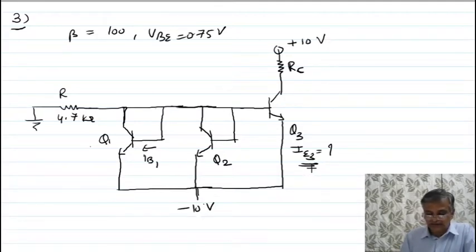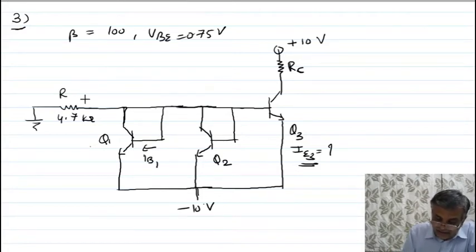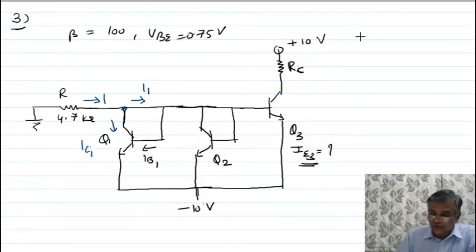Calculate the value of IE3. Look here, I am taking the current I here. From this bifurcation, see the bifurcation, I1 and this is IC1. So I am writing the solution.